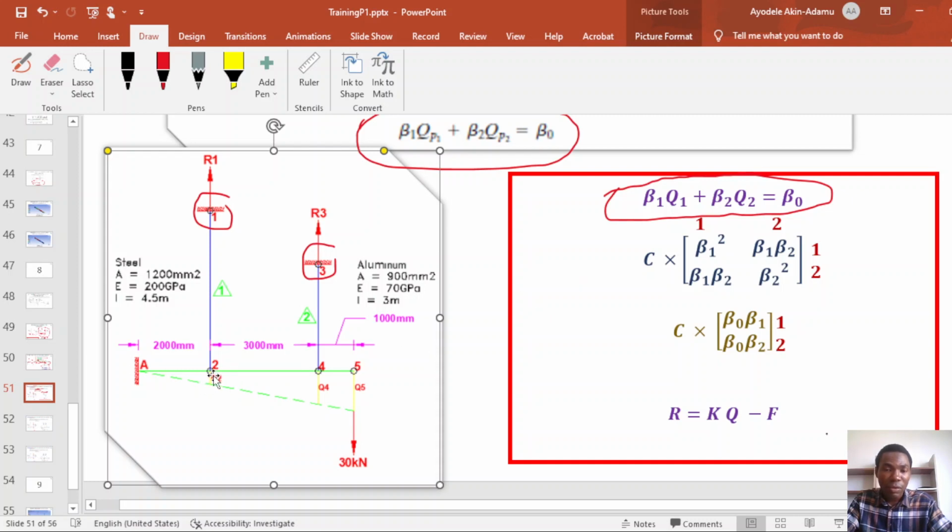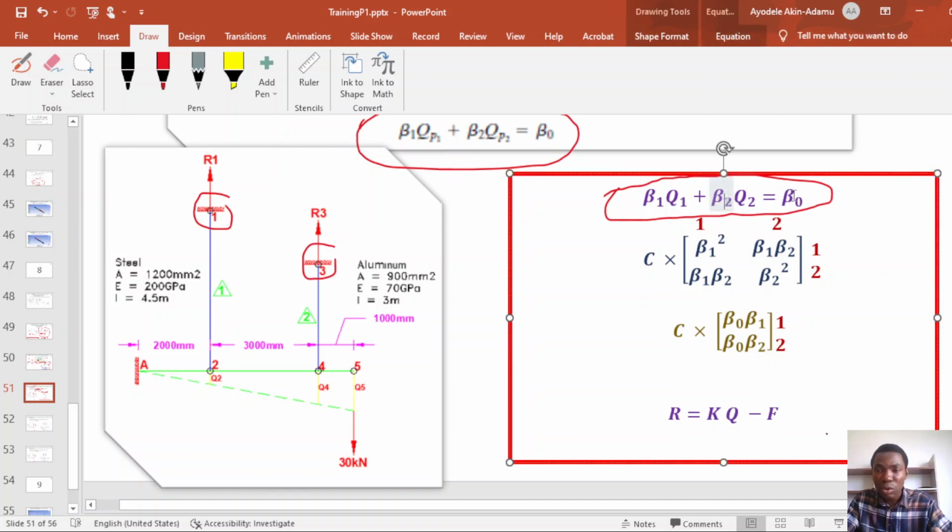So if we write an equation connecting Q2 and Q5 together, we'll get an equation of this form. When we get an equation of this form, you pick the coefficient of Q1, it will be beta 1. Let's say you have 5 Q1 here, that means beta 1 will be 5.